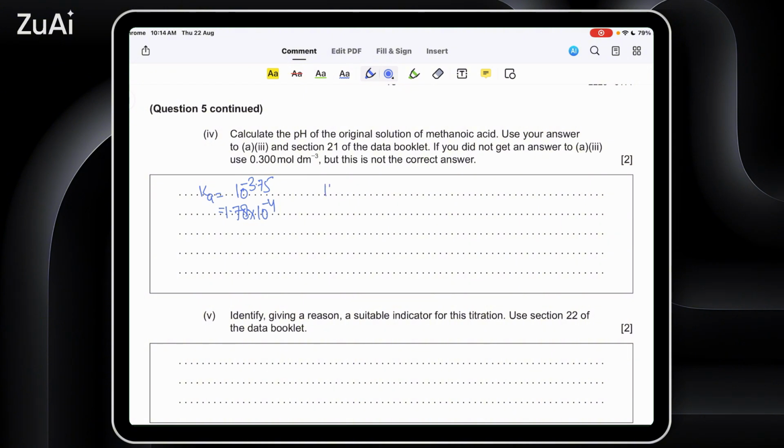And in order to find the hydrogen ion concentration, the formula is, you know this thing, the Ka times m. That formula is derived from this: Ka is equal to hydrogen ion squared divided by the initial concentration of acid.